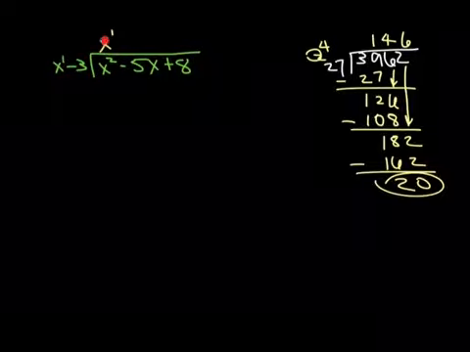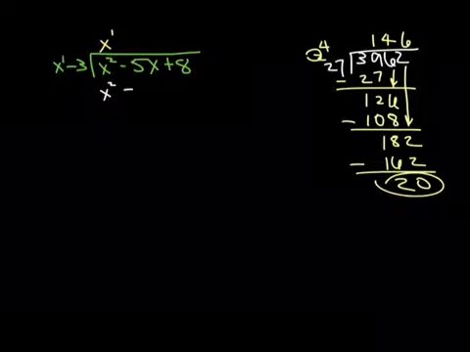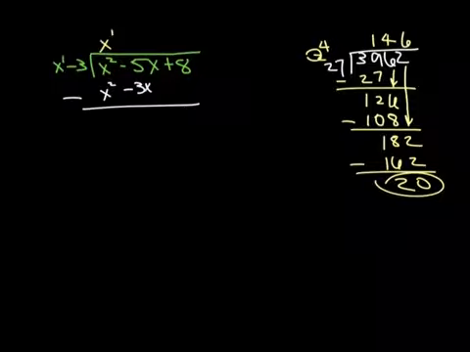Okay, so what do we get? x times x, and then x times negative 3. Draw a line, put a minus sign. Always put a minus sign. Don't assume you're going to remember, because when you look at this, you're going to go negative 5x minus 3x.